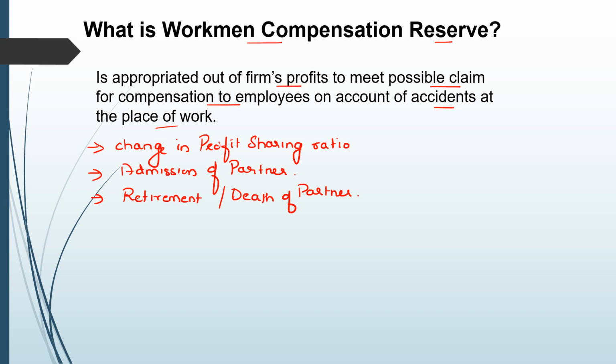So he also deserves a share in that reserve. As he is leaving, his share in the reserve will have to be given to him. So these are the situations where you will be finding the Workmen Compensation Reserve, and you will have to know how to deal with it appropriately, and that is what we are going to discuss today in detail: the accounting treatment of Workmen Compensation Reserve.